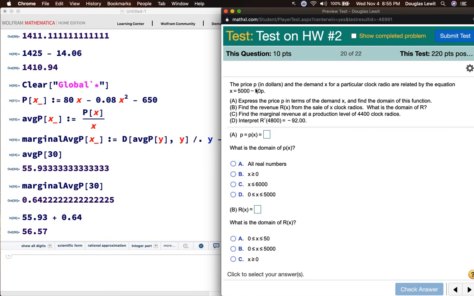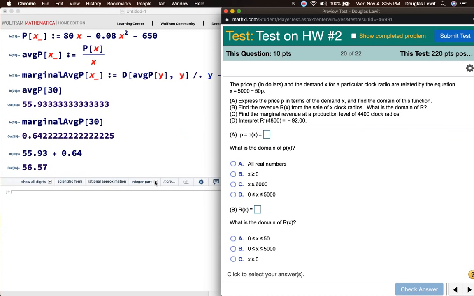The price P in dollars and the demand X, so demand is a function of price. Express the price P in terms of the demand X and find the domain of this function.